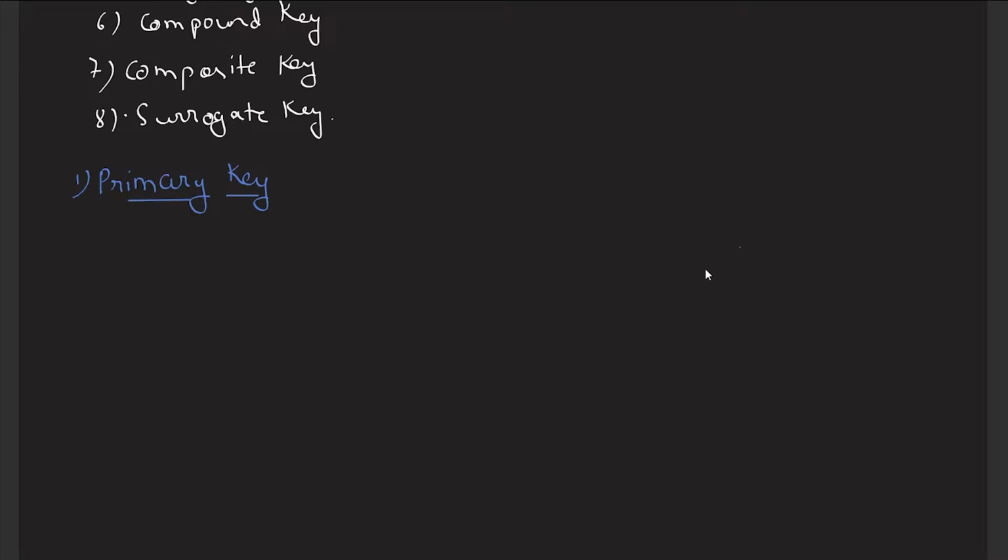So primary key is the key that will uniquely identify a record in the table.